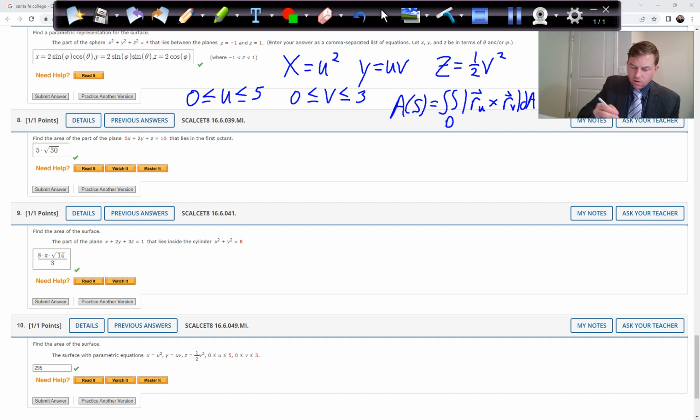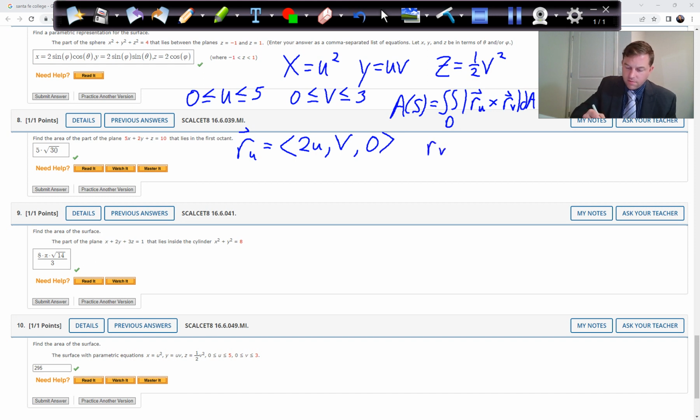So RU is going to equal the partial derivative of x with respect to u, which is 2u, the partial derivative of this y term with respect to u, which would just be v, and the partial derivative of z with respect to u would be 0.